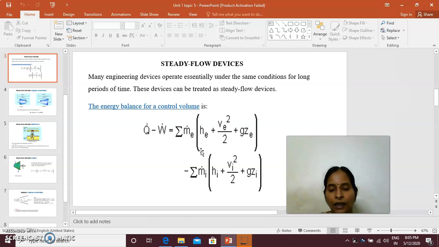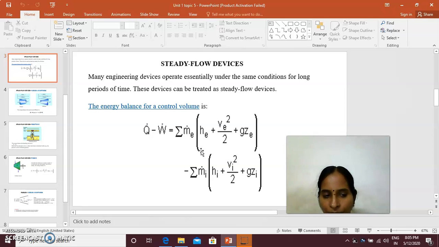In the initial fundamental concepts, you can have theory on the quasi-static process, zeroth law, and first law of thermodynamics for system, closed system, and open system.